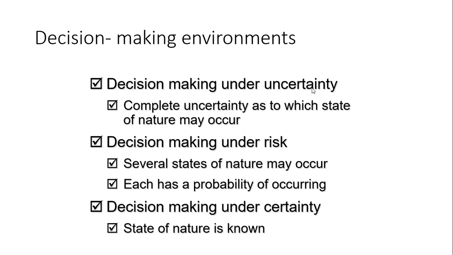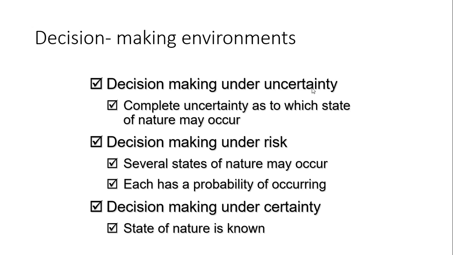But if you have decision making under risk, you will have 2 cases. Number 1, several states of nature may occur, which are the expected risk. The second one, each has a probability of occurring, which is unexpected risk.